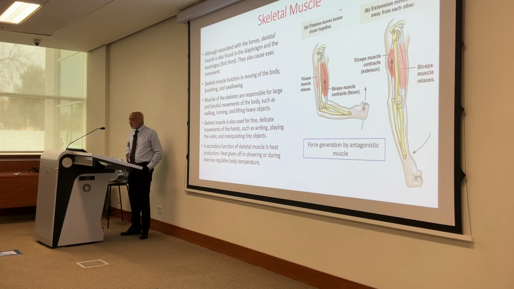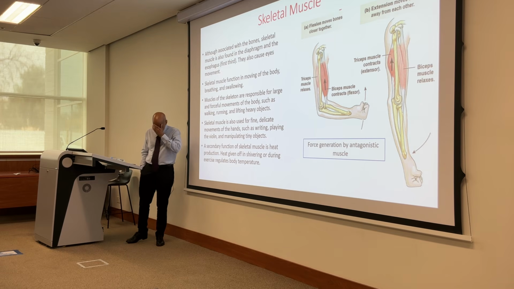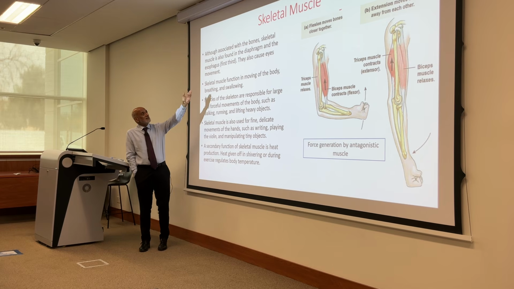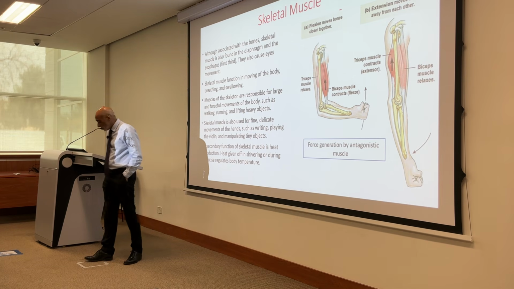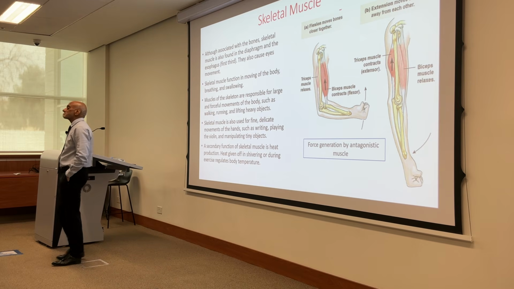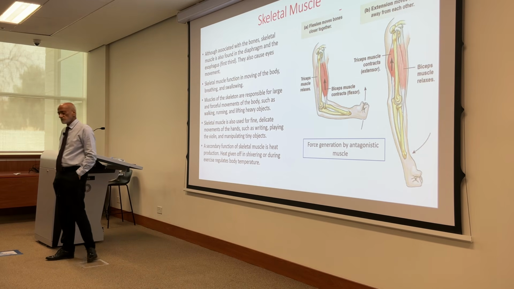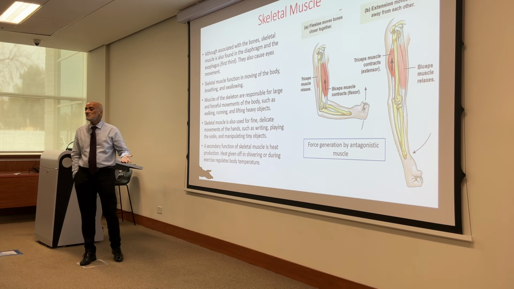So although skeletal muscle, as the word suggests, is attached to bones and therefore brings about movement, there is also skeletal muscle, as you probably heard during the GI block, in the upper third of the esophagus. It's skeletal muscle. You have skeletal muscle in the diaphragm.